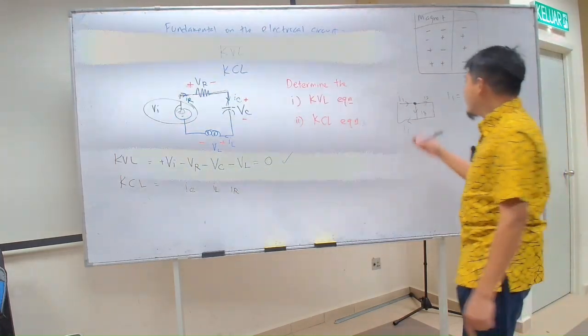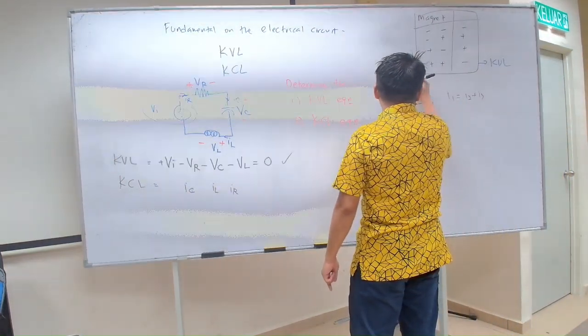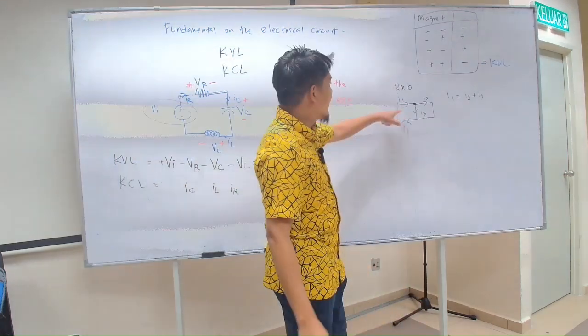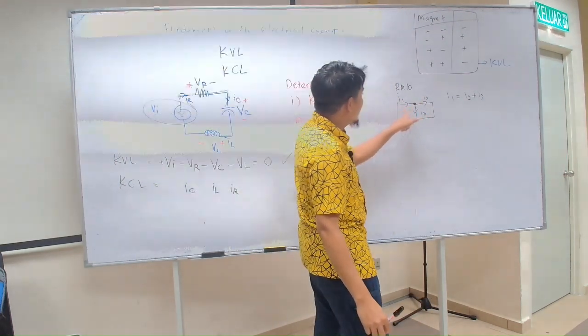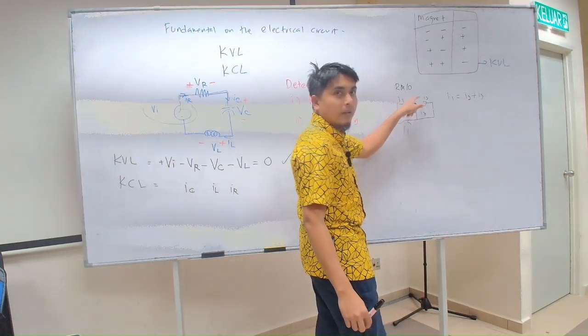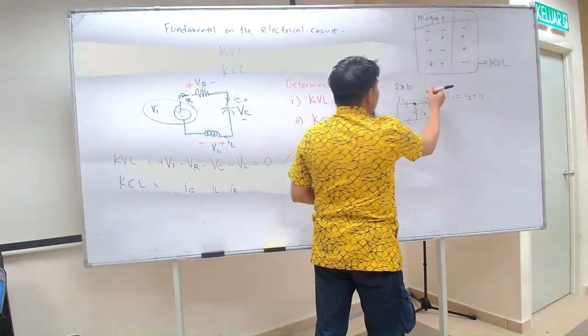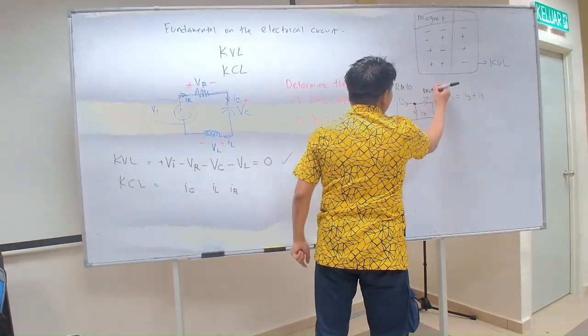Let's say you have RM 10 ringgit. And then you split the 10 ringgit between 2 people. The first person gets RM 5.